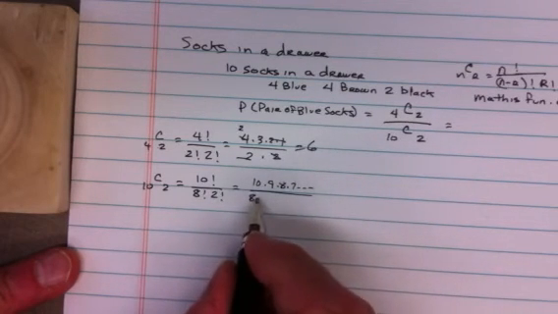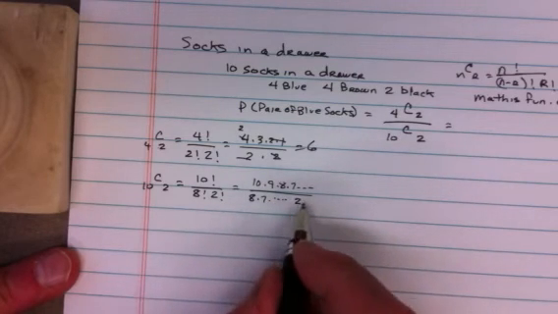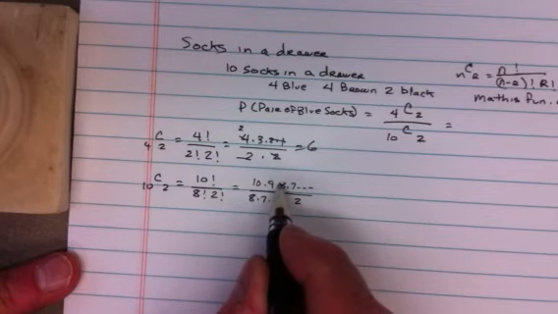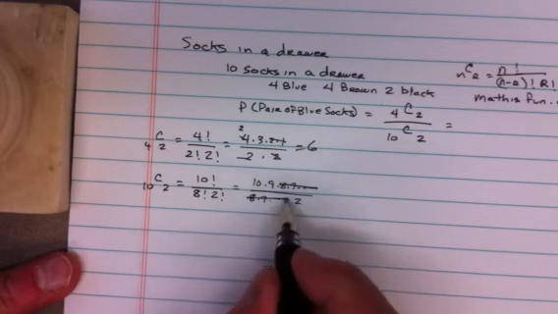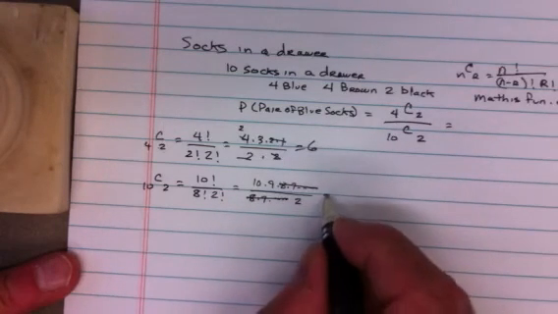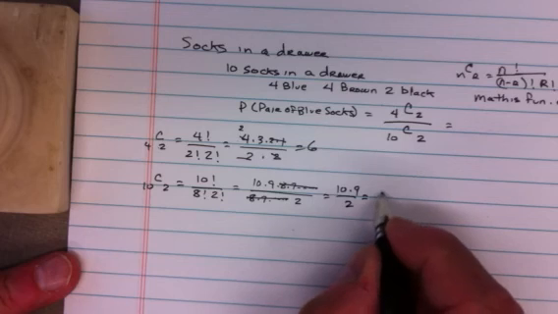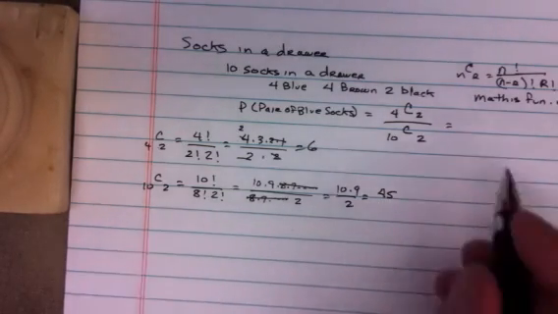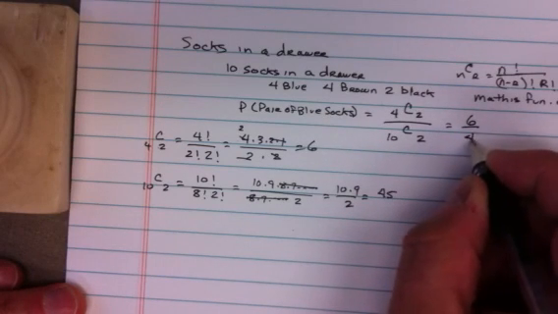The denominator is 8 times 7 times 6, and so on, times 2 times 1. Okay? And we notice that everything from 8 to the end cancels with the denominator. So you're left with 10 times 9 over 2, or 90 over 2, which is just 45. So this first fraction is 6 over 45.